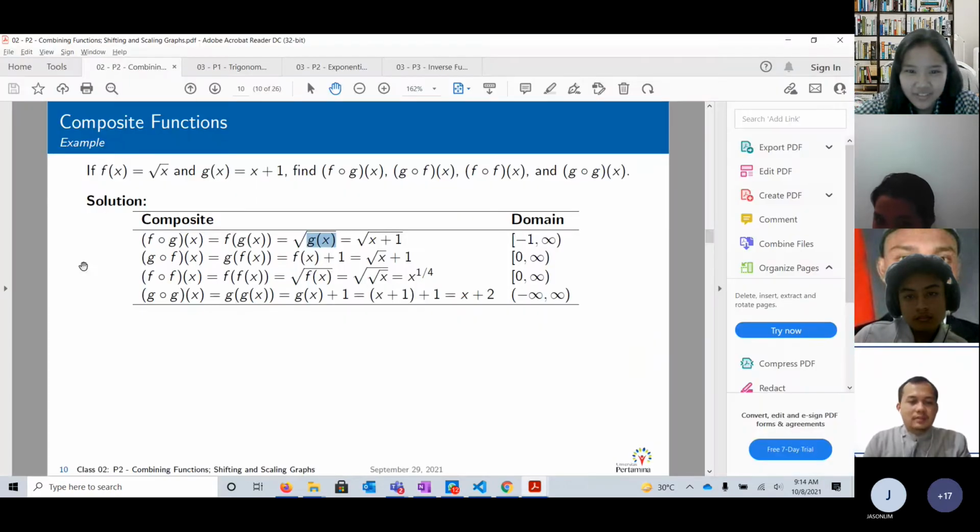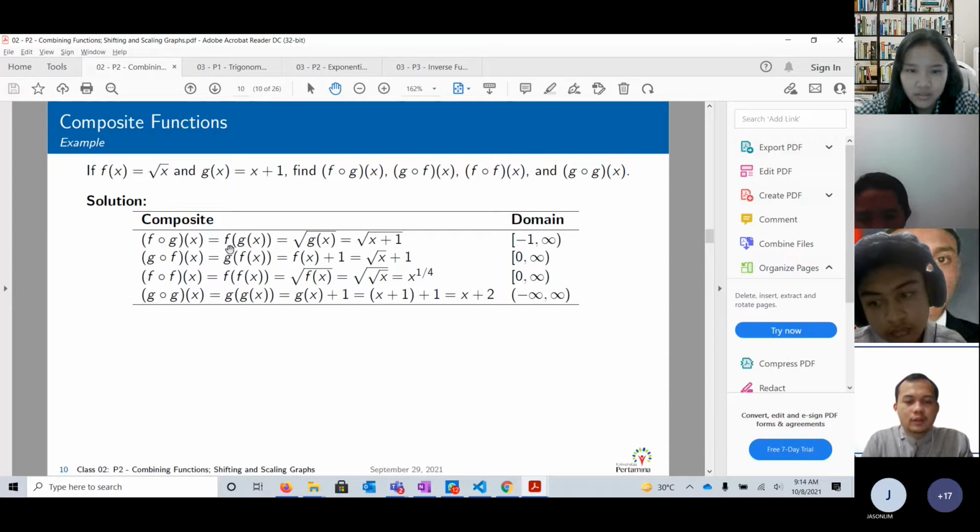Okay. For the next example, we have g composed with f. Pay attention here that for f composed with g, we have square root of x plus 1. G composed with f is different. It is very, very different, because we have square root of x, plus 1.